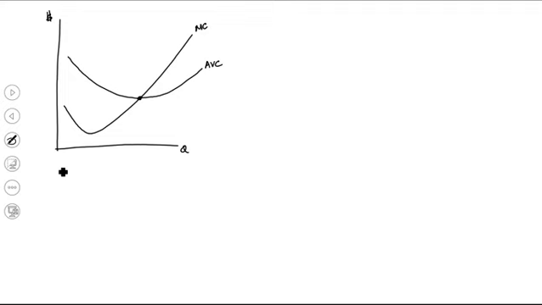Now I'm going to add the next curve I asked you to draw, which was average total cost. And there are 2 things that we need to observe about average total cost. So do not draw it yet. First thing, we have to draw it U-shaped. Actually, there's 3 things. I have to have my intersection in the right place.